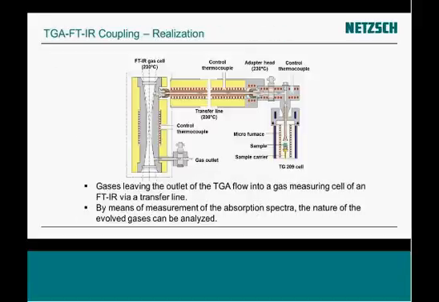So here is a scheme of the TG-FTIR coupling with the Bruker FTIR instrument. The general idea is that the evolved gas from the top of the TG instrument can directly go through the Bruker FTIR. I will not talk about the details, because later Sergey will talk about them to explain how the setup works.